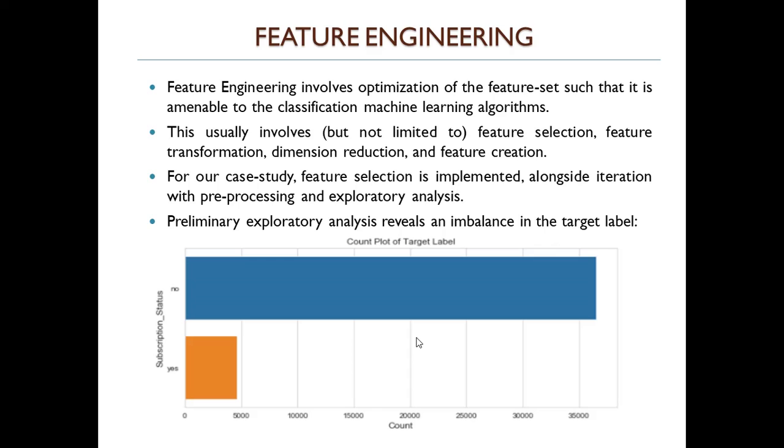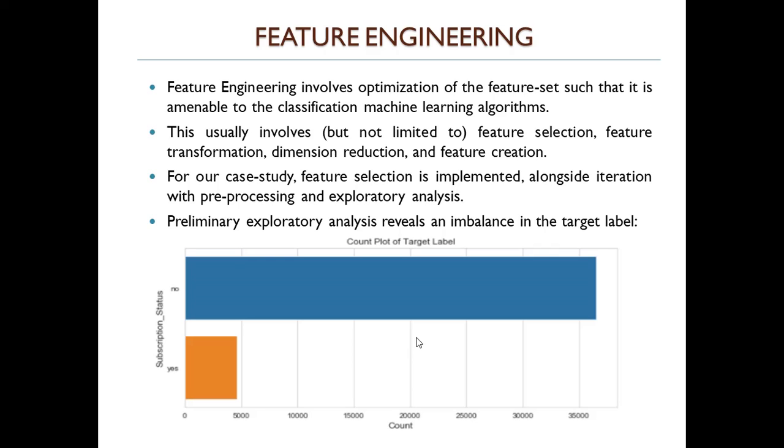Feature engineering involves optimization of the feature set such that it is amenable to classification machine learning algorithms. This usually involves, but is certainly not limited to, feature selection, feature transformation, dimension reduction, and feature creation. For our case study in particular, we're going to implement feature selection, with iterations of pre-processing and exploratory analysis alongside.